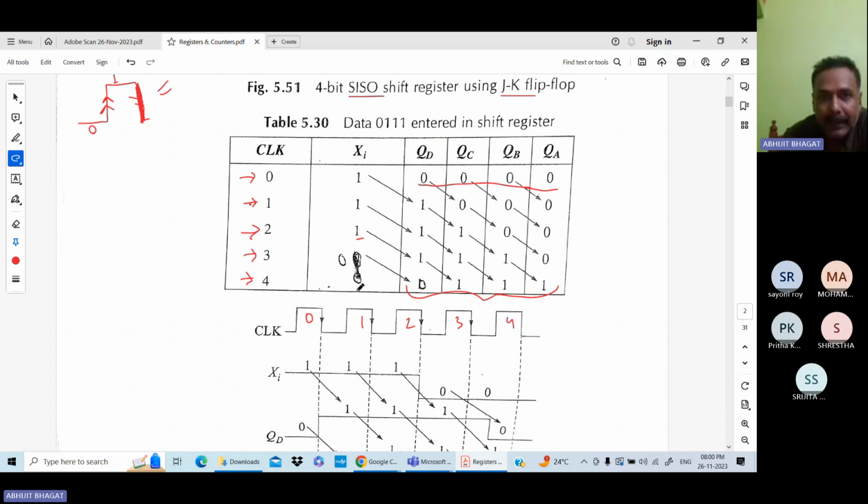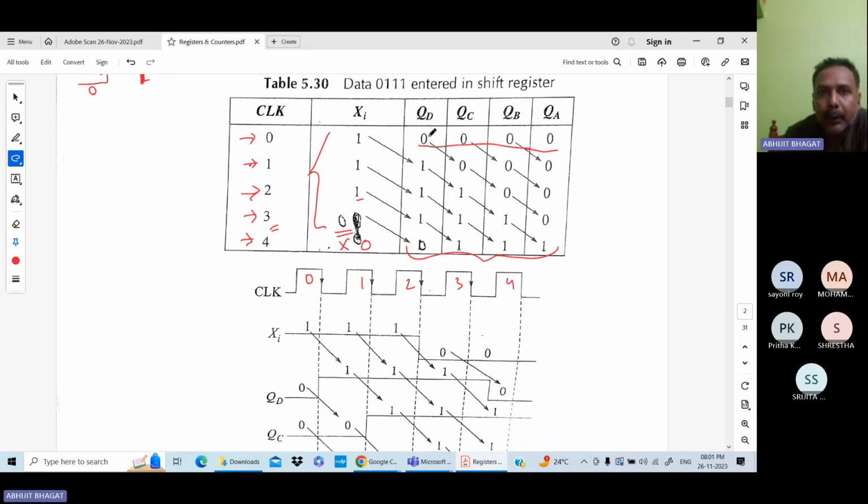For xi here you can see at 0 it is 1, then 1, 1, up to clock 2 it is 1, after that it is 0, and here after clock 3 your data will be entered here, so by default it will be x, maybe 1, maybe 0. When the fourth clock pulse comes, the input here can be anything, because our work ends here. After that, whether 1 or 0, it does not matter. So suppose it is maybe 0. Okay, our input is up to this. After this, whether 0 goes or 1 comes, it doesn't matter. So up to this clock pulse, then this 0 is here, then this one is maybe 0, maybe 1.